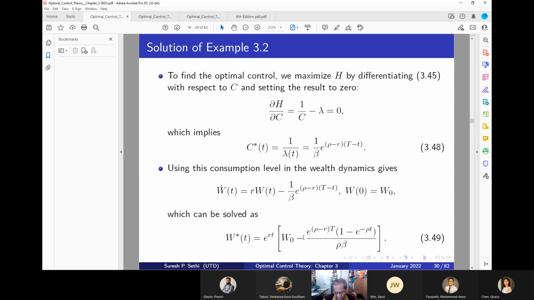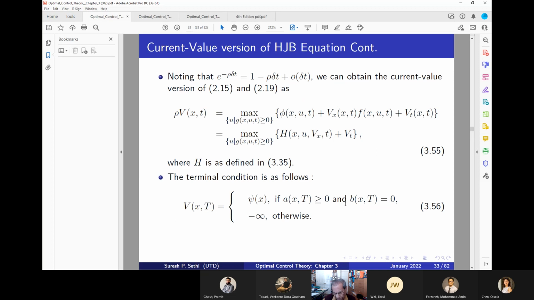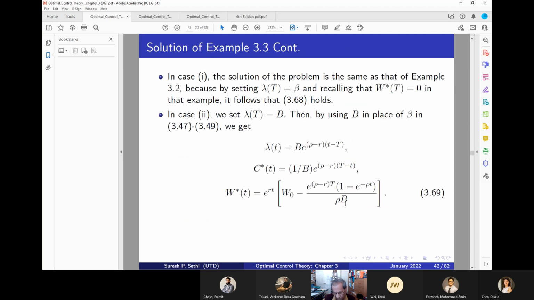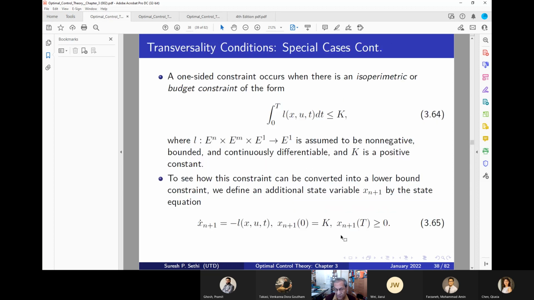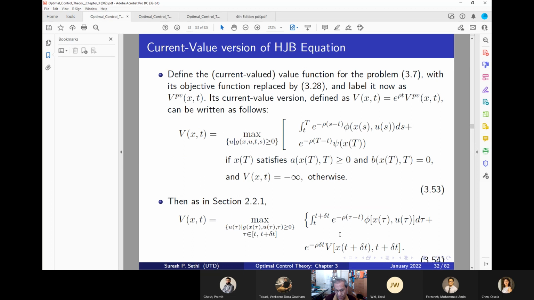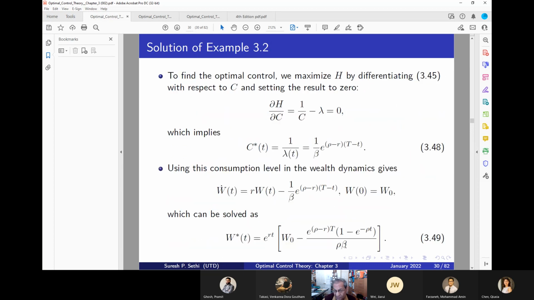Remember now, B is bigger than beta. So it makes sense for me to replace this beta by B. Because I replace this beta by B, this quantity will not be exactly equal to W0, which will give me that 0. This quantity will be less, which means I will have some wealth left over.